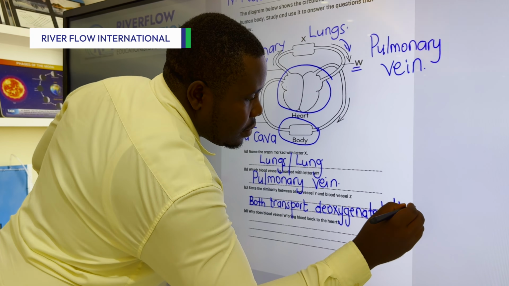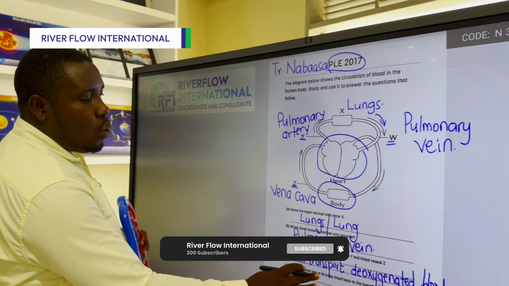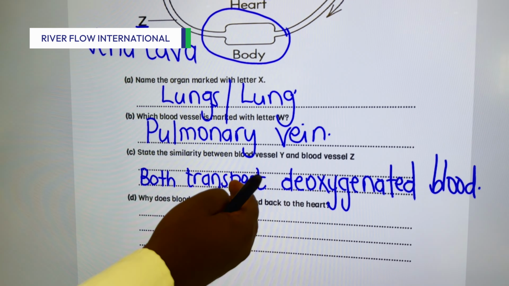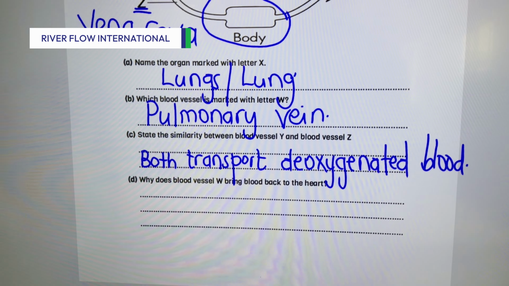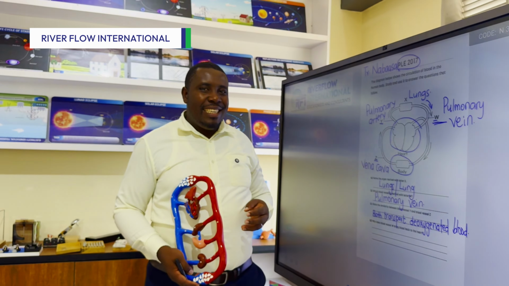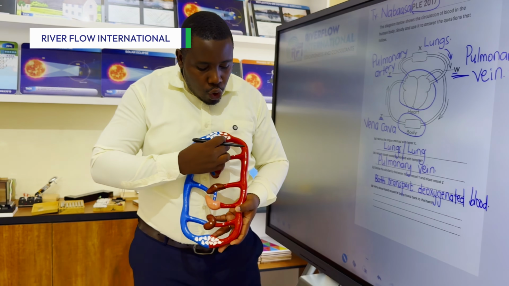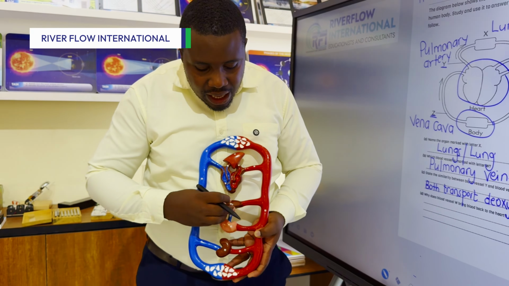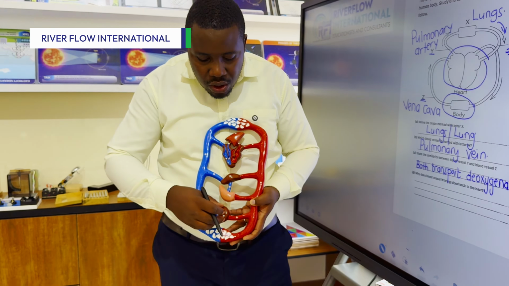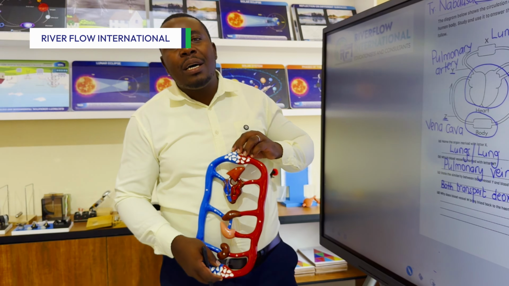Why does blood vessel W, which we identified as pulmonary vein, bring blood back to the heart? And of course, you know, the heart is the engine, is the pump that pumps all the blood to all other body parts, to the digestive system, to the liver, to the kidneys, and all the other lower parts of the body, even to the upper parts of the body.